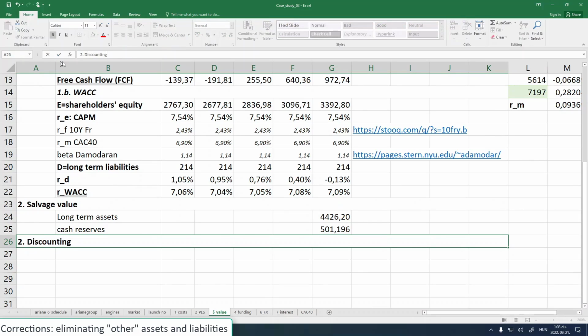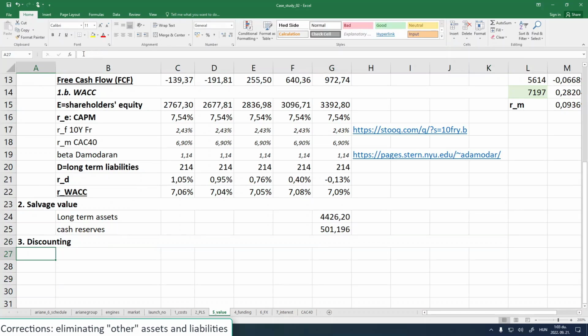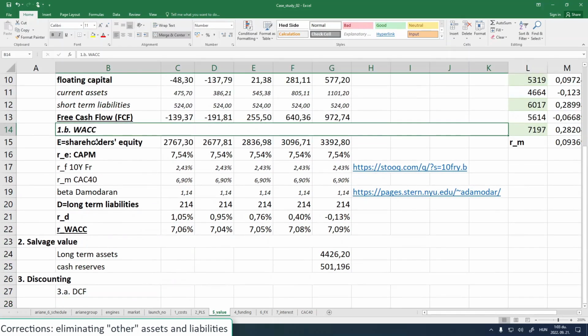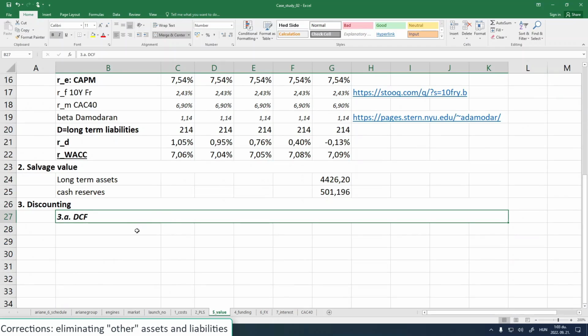So let's have this third point for discounting, 3.A, the discounted cash flow is added.